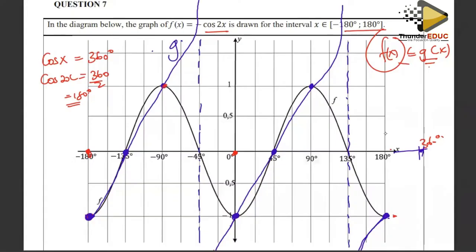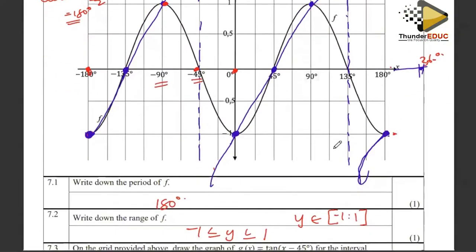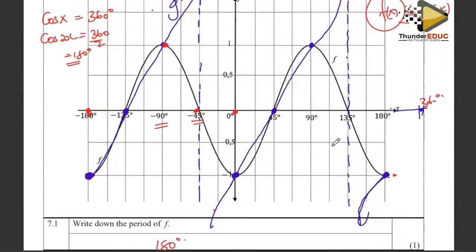Between this point and this point, the graph is below. So we're going to say -90 and then -45, okay? I don't know about this side.